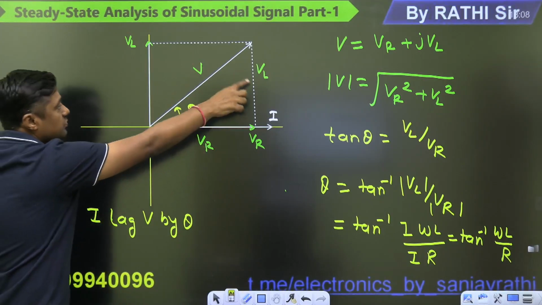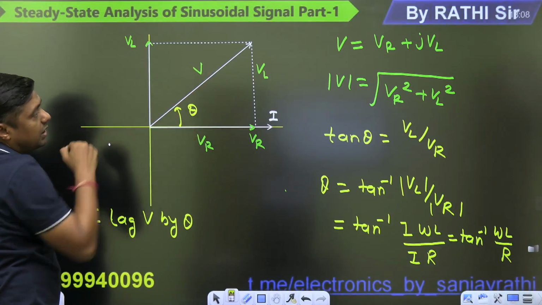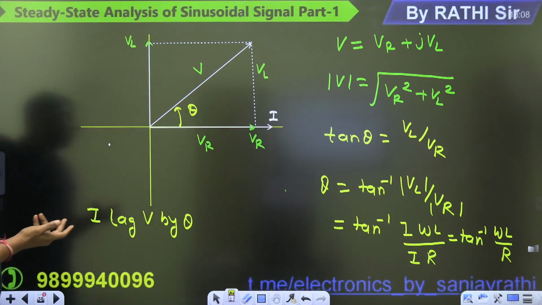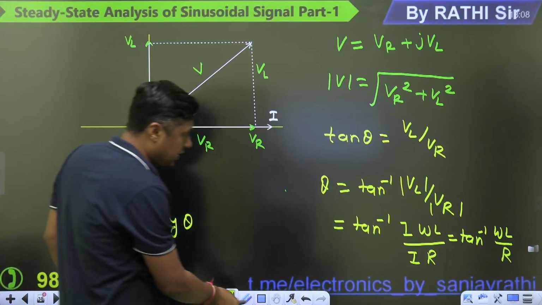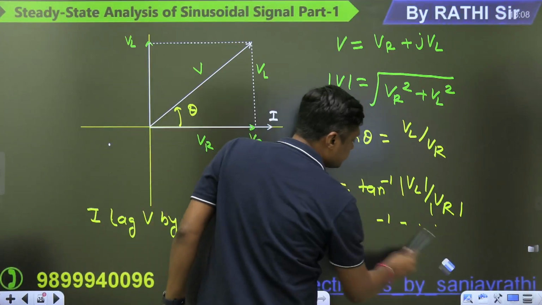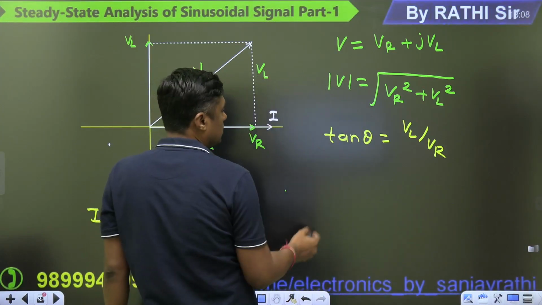Sin theta is VL divided by V. What is the cos theta? VR divided by V. And what is the V? I into Z. So this is the tan theta.